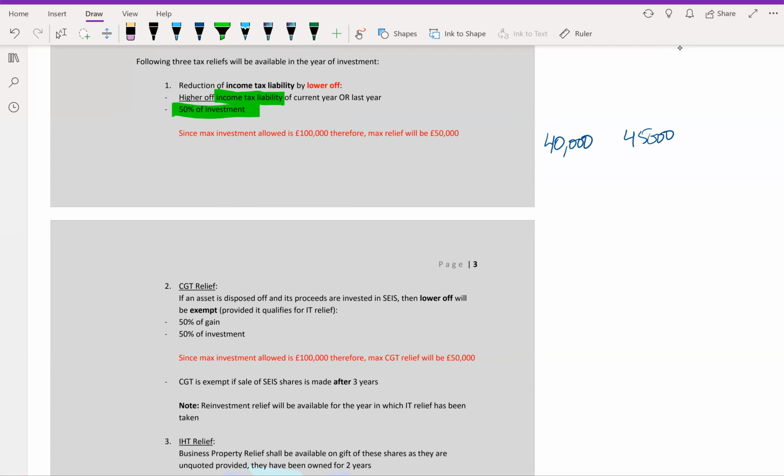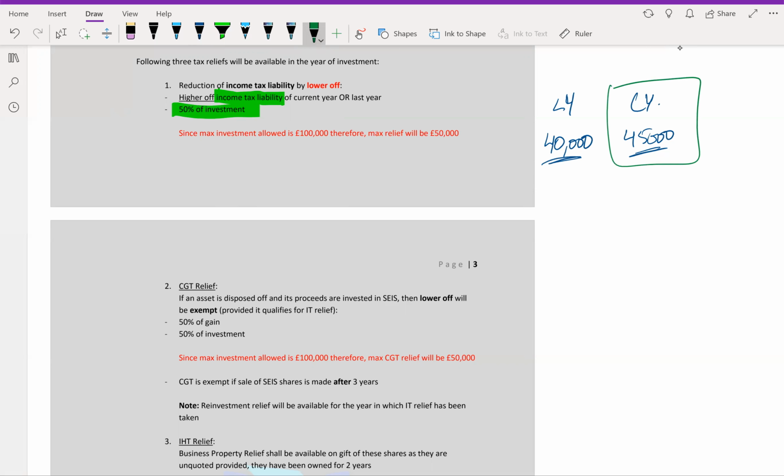So let's make this last year and let's make this current year. All right. So you can choose between the two, and obviously you will choose the higher of. Make sense? So let's say this is the higher of, 45,000.